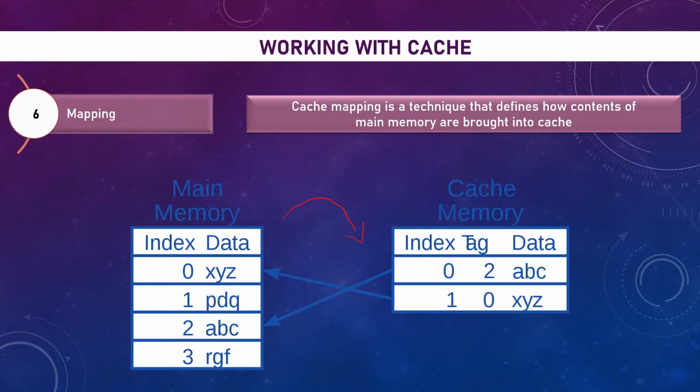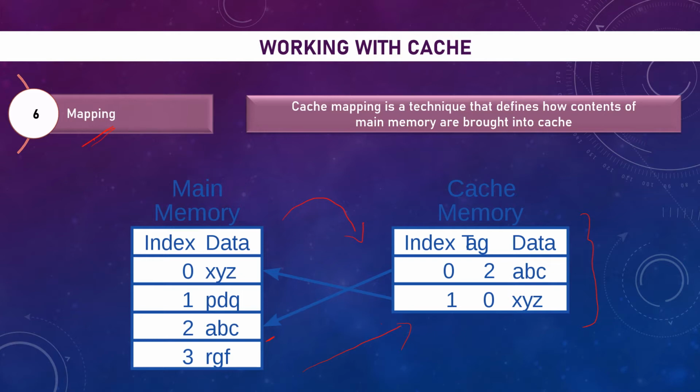How do we bring all this data into the cache, and what will happen when the cache is full, and how will the cache know that this particular data is coming from this location? All this we will cover in mapping.